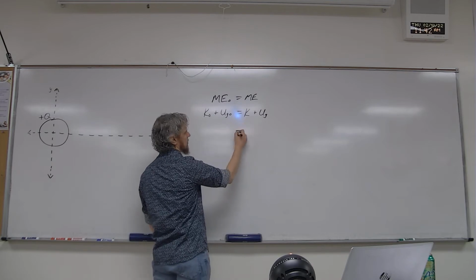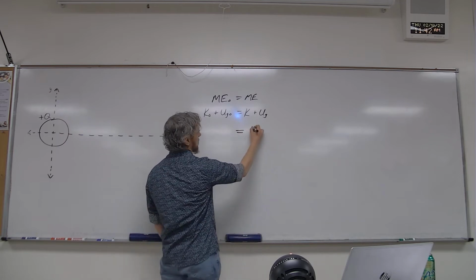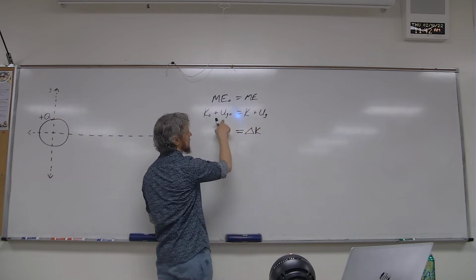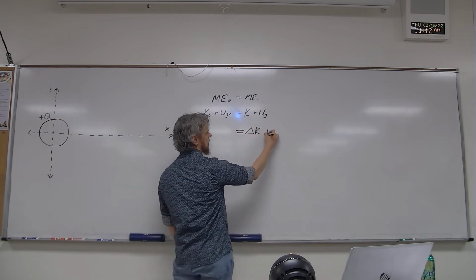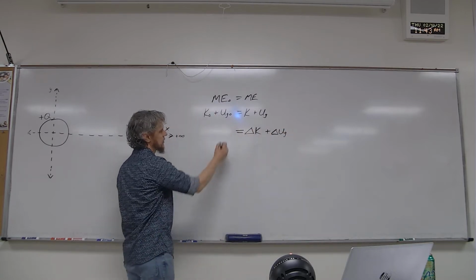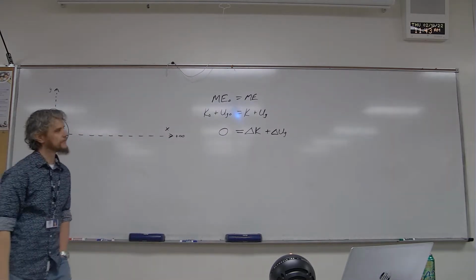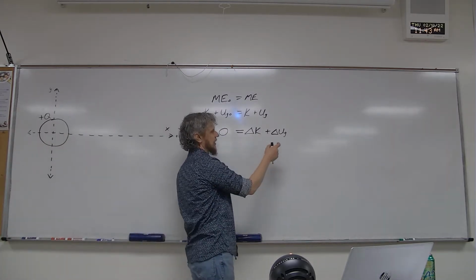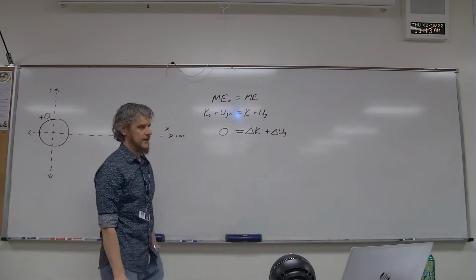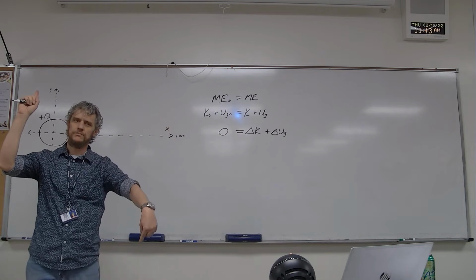I'd have K minus K naught on the right side, which is delta K. Doing the same with UG naught gives delta UG. What would be left on the left side? Zero. Another way of looking at conservation of energy: the change in the kinetic energy plus the change in the gravitational potential energy has to equal zero, meaning if one goes up, the other must go down.